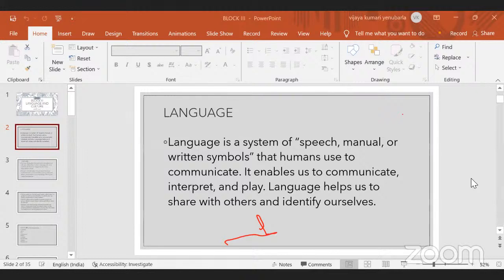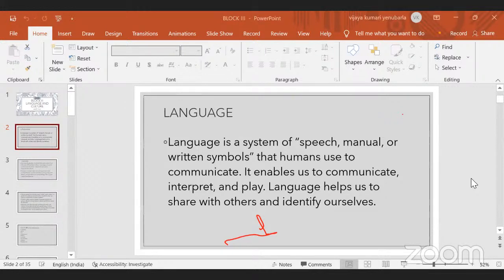In this class, there is a relationship between language and culture: how language changes the culture and how culture affects language. Both are interdependent and you cannot separate these two entities. Both go hand in hand. That means you cannot divide them.